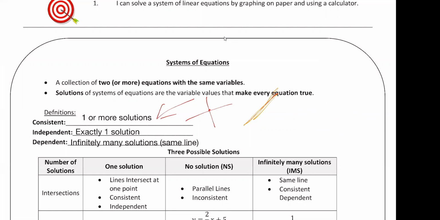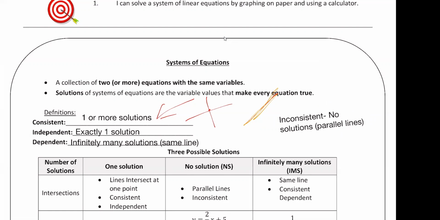One thing to add to this top part, I forgot to put a spot for it. Inconsistent lines are where you have no solutions, or AKA they're parallel lines. Thank you for fixing. So if you want to add that, if you are writing this down.